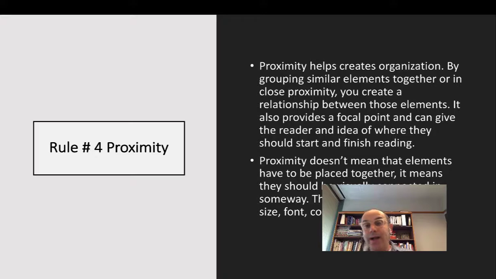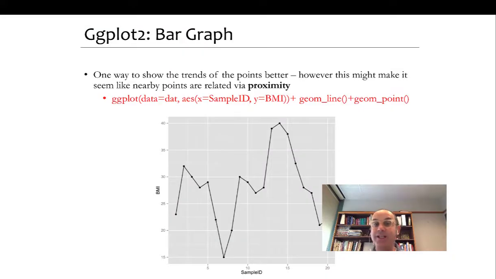Don't make one with yellow and one with gold and one with black. It doesn't make any sense. So make the proximity, the idea that everything comes together with regard to point size, font, color, etc.